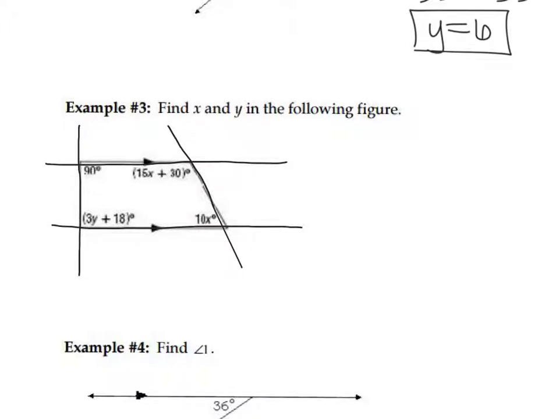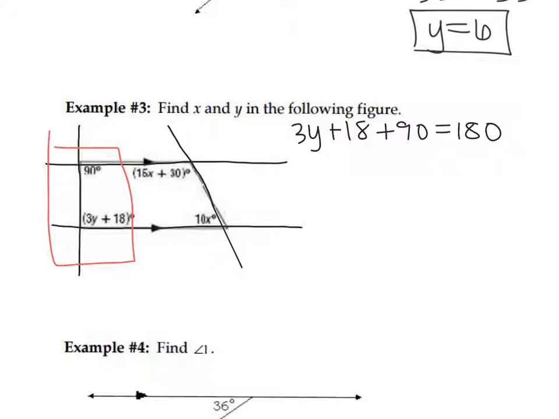So if I look at my angle involving y and its transversal, so these set of angles, my 90-degree angle and 3y plus 18 are consecutive interior, which means they're going to add to 180. So we have 3y plus 18 plus 90 is going to equal 180.